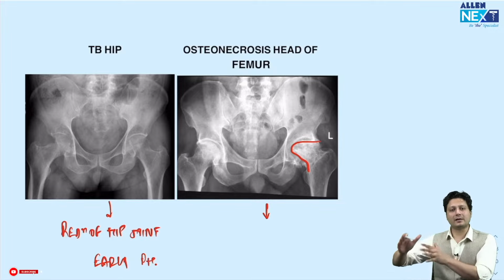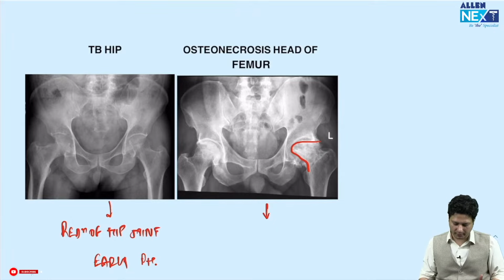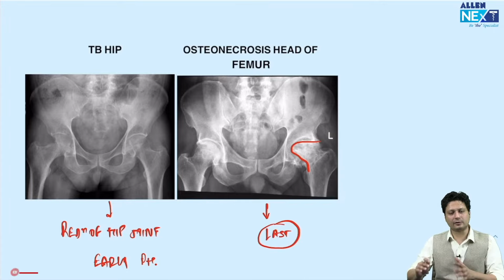Joint space is the last thing to go when secondary osteoarthritis commences inside the hip joint.